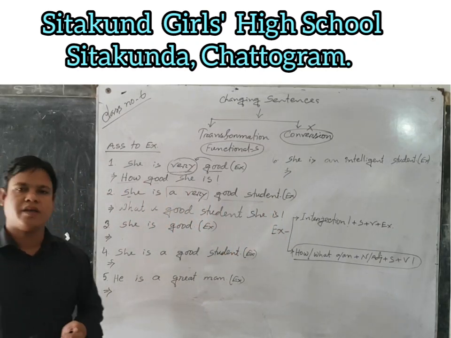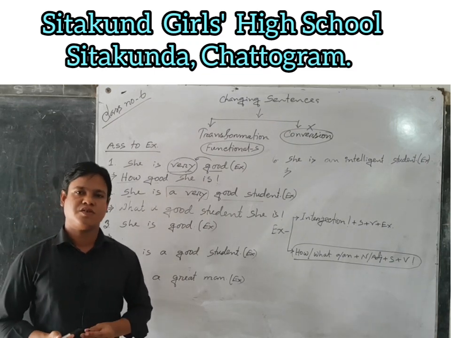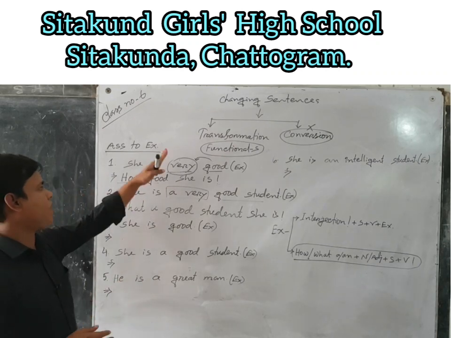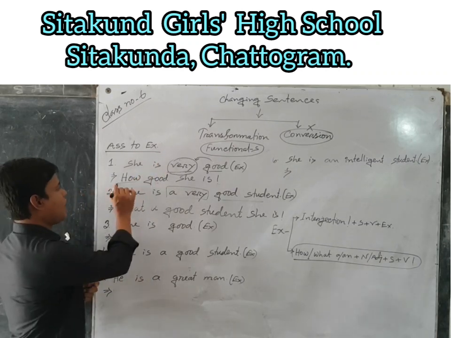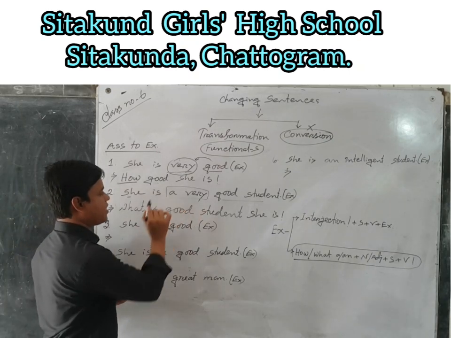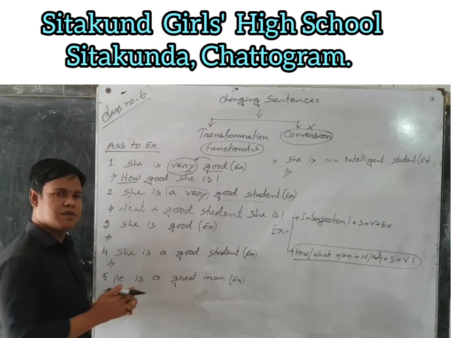She is a very good student. That means, what a good student she is. Dear students, if we find very, we have to use how, and if we find very with an article, that means a very, then we have to use what.